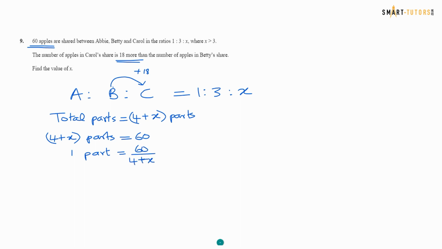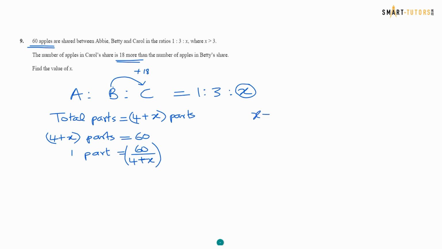So all I'm doing is I found 1 part as 60 over 4 plus X. Then the next one, the number of apples in Carol's share, 18 more than Betty, right? 18 more than Betty. So how can we define this one? Carol got X parts, take away the 3 parts.